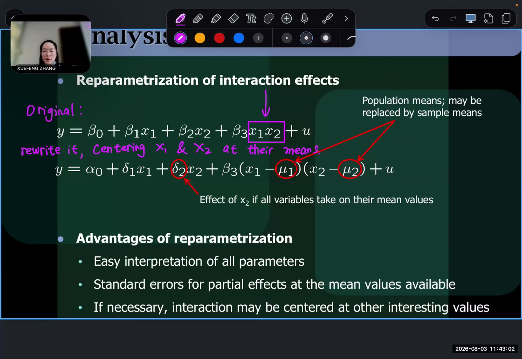Mu1 and mu2 are the population means of x1 and x2 respectively, but we can replace them by sample means, right? Because the population mean is always not available. So right now, delta 2 has a clean meaning, the effect of x2 if all variables take on their mean values. In other words, delta 2 means the effect of x2 at the mean of x1.